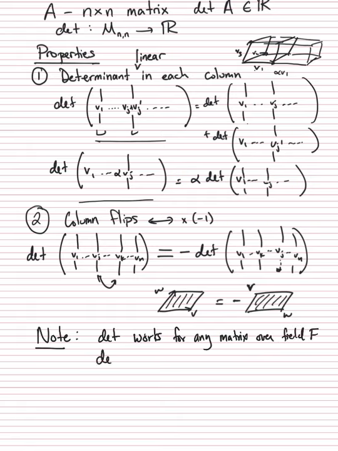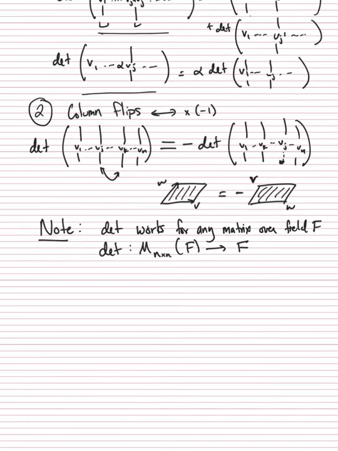Okay, so you generally get something like a determinant which inputs an n by n matrix over F and then takes you to F. It's going to be the same formula as you would for the real n by n matrices, but if I just have a complex matrix, I have to think more about what it means. I won't have the same parallelepiped that I can just take the volume of, right? There's something else going on there.